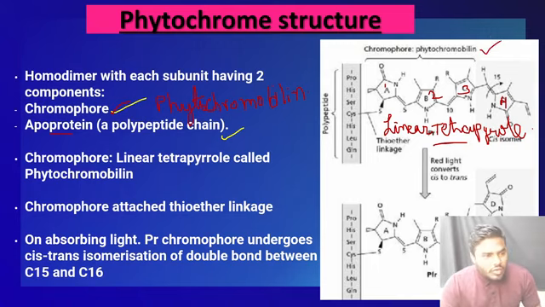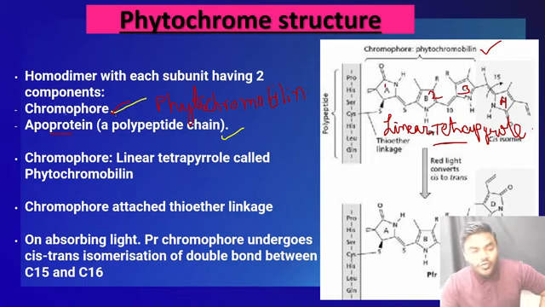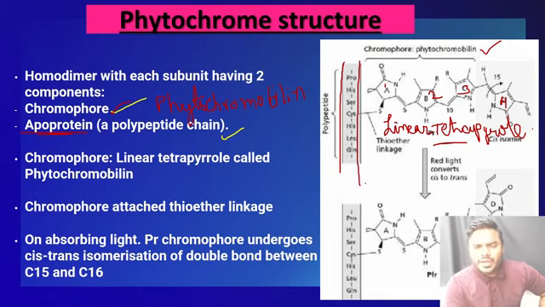Now this is the chromophore, but the chromophore is also associated with another structure, right, friends? What do you call this particular structure? We call it the apoprotein. Apoprotein means a polypeptide only, right?